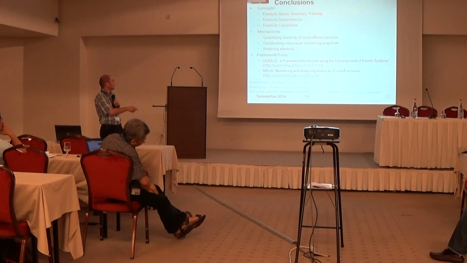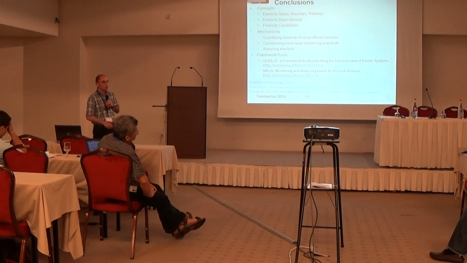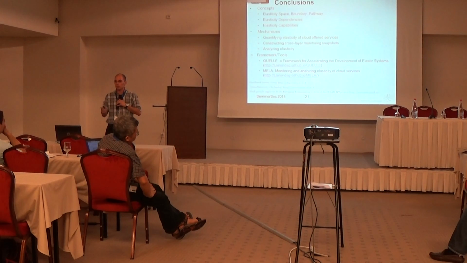And the dependencies will also be important in having predictive control mechanisms, and ensuring that you maintain elasticity, not that you react when a boundary is violated. Because that also leaves periods of time where the service does not behave appropriately.